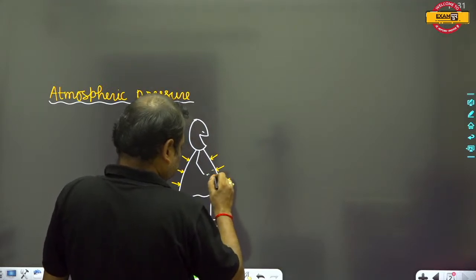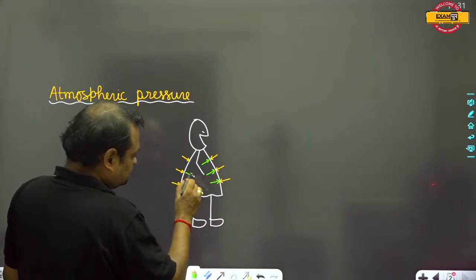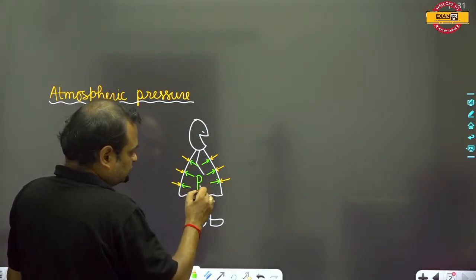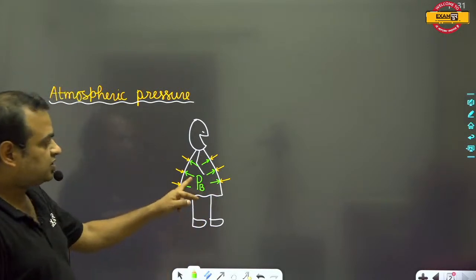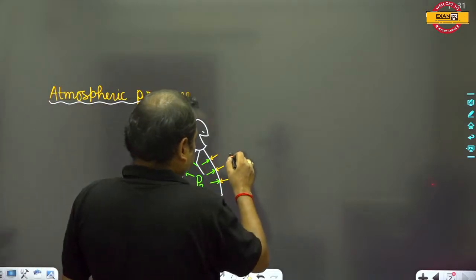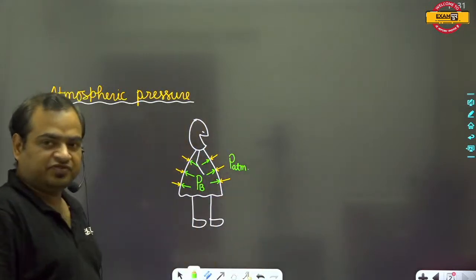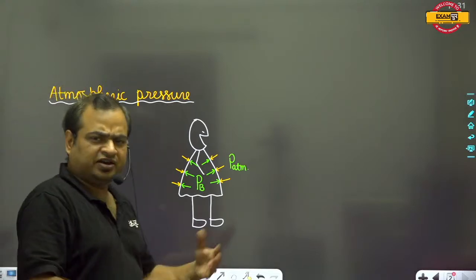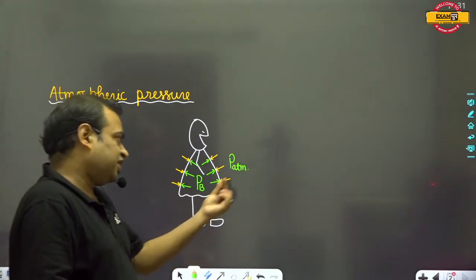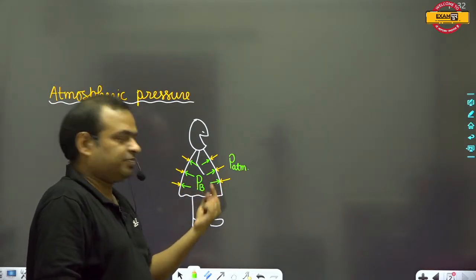But to balance that external force, this body has blood, and this blood also applies pressure to balance, to equate the atmospheric pressure, and this is P atm. Since we feel comfortable in our day to day life, we don't have any problem right now. It means that the atmospheric pressure is balanced by the blood pressure.